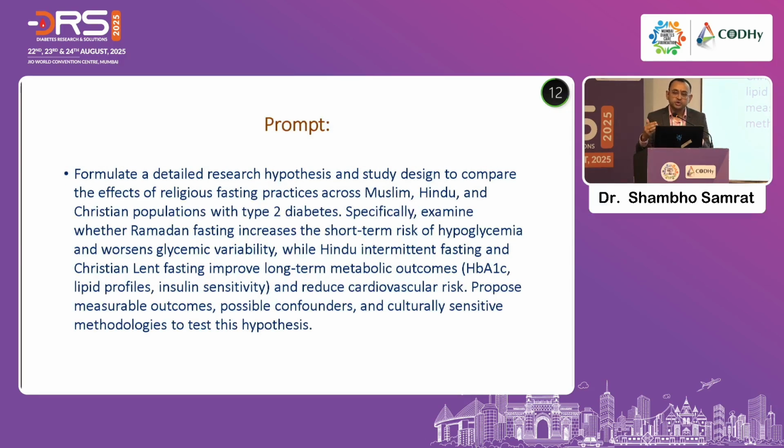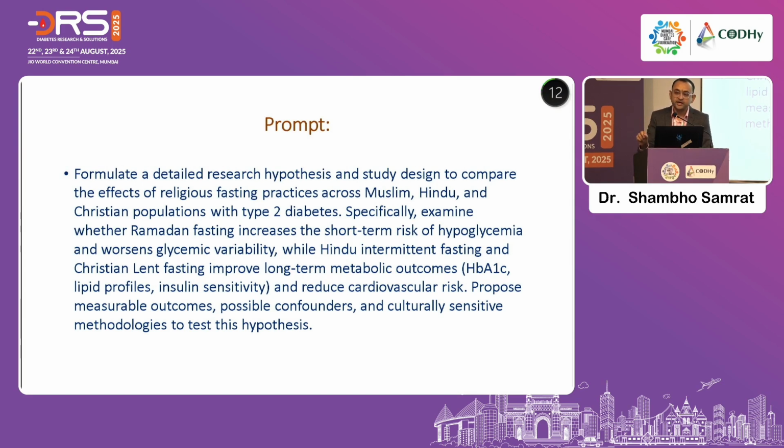So we want to compare all those fasting practices between Muslim, Hindu and Christian populations, and also we had mentioned critically that we want to understand whether the effect of Ramadan fasting increases the short-term risk of hypoglycemia or worsens the glycemic variability, or how the effect of intermittent fasting observed by Hindus or Lent fasting by Christians can improve long-term metabolic outcome.